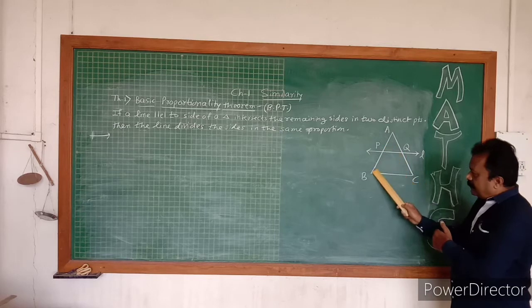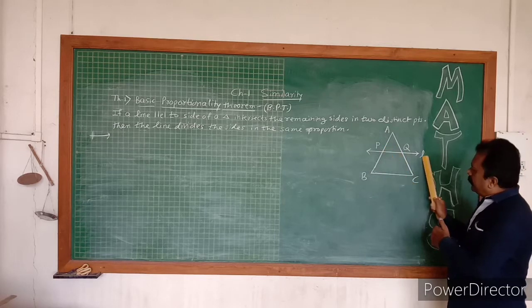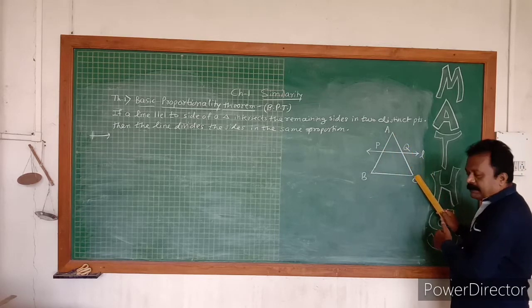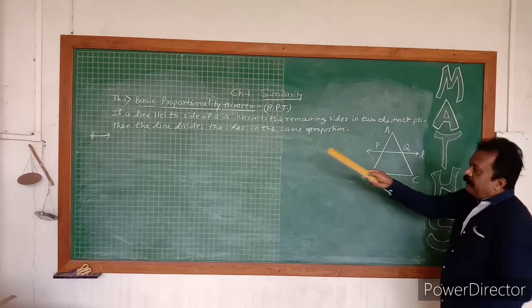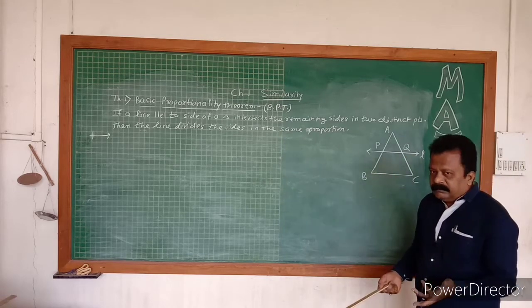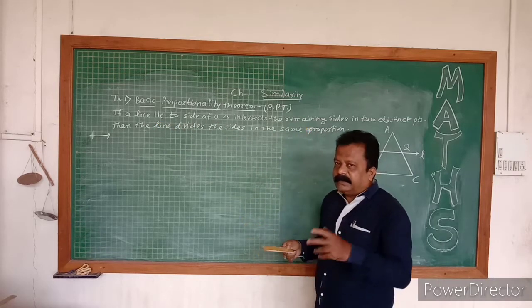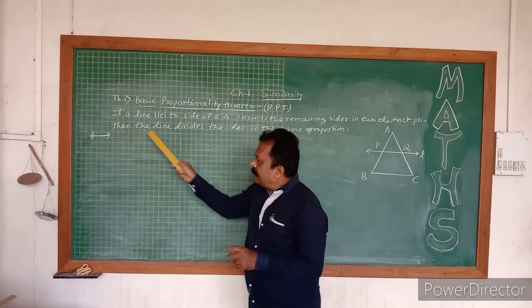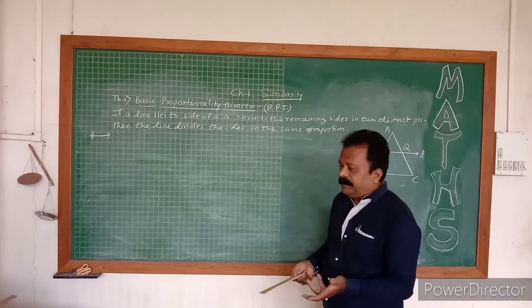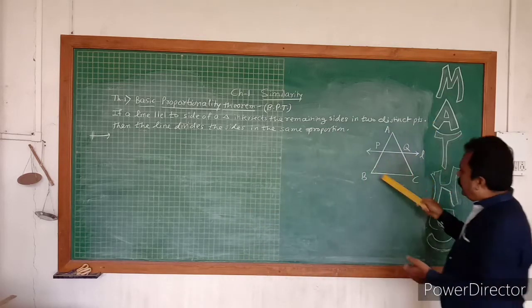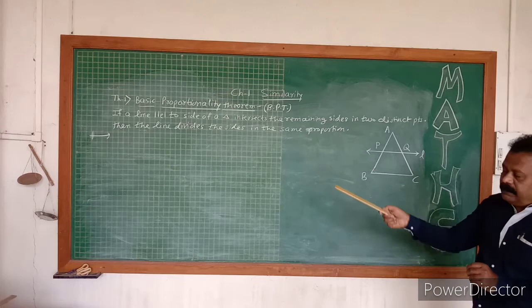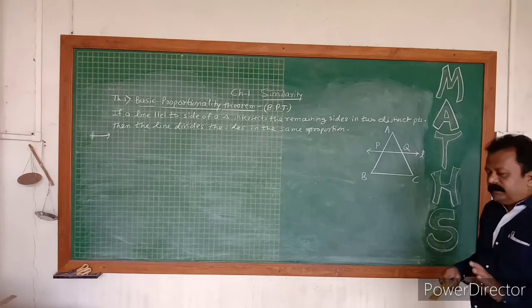So line L intersects side AB at point P, and line L intersects side AC at point Q. Up to this statement is the given part. After that, the part you have to prove comes.